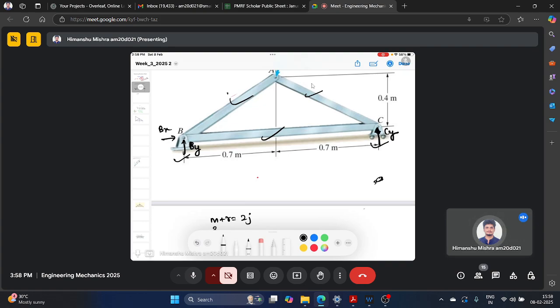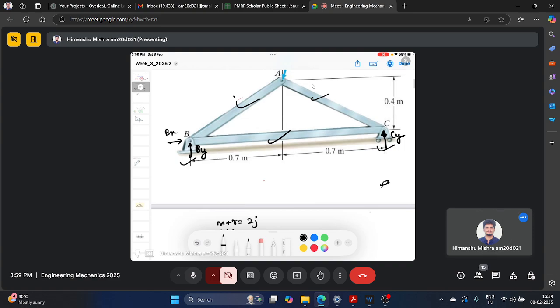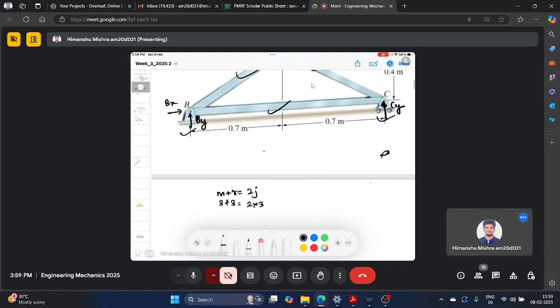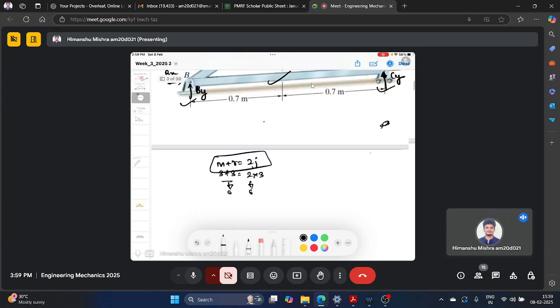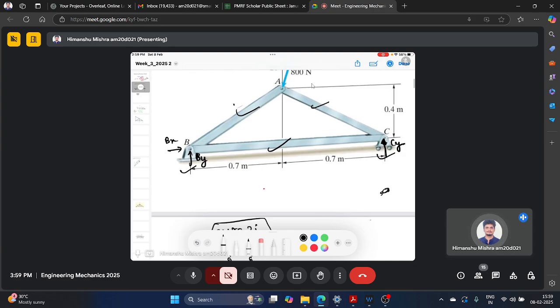So we have three reaction forces, and there are three joints, A, B, and C. You can see the left-hand side and right-hand side are equal to each other, so it satisfies this equation. Then we can proceed by the method of joint, which is basically an extension of the equilibrium method. We are using the equilibrium concept at each of the joints.